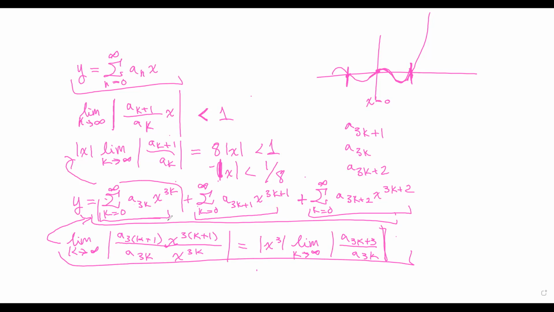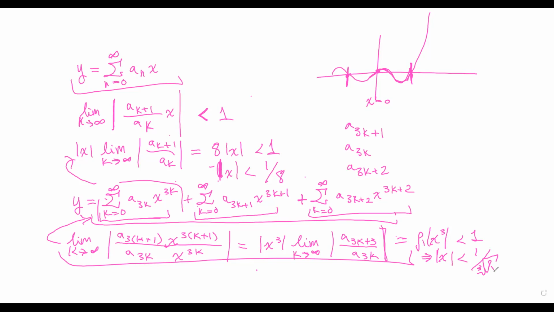And so when we get these radii of convergence, you might have this be equal to like rho x cubed, and that's less than 1. So that would imply absolute value of x is less than 1 over the cube root of rho. Okay?